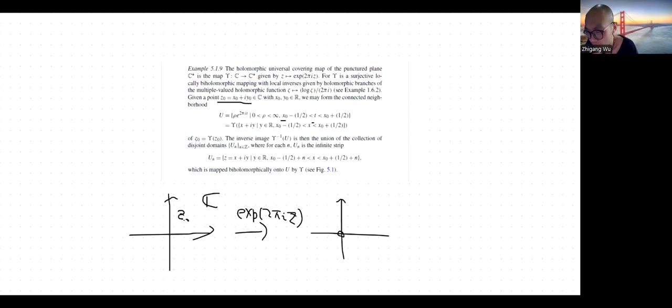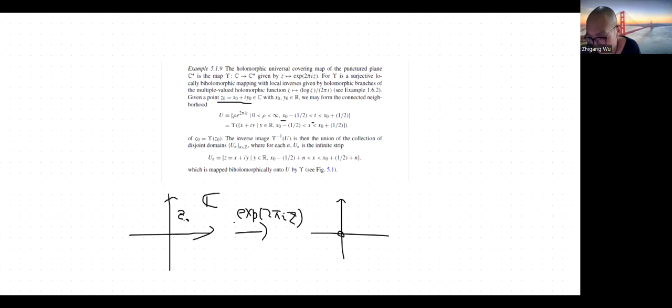So this neighborhood is in the image of gamma of z naught.